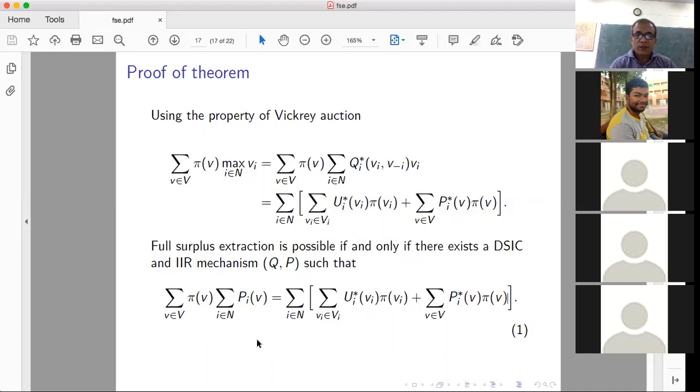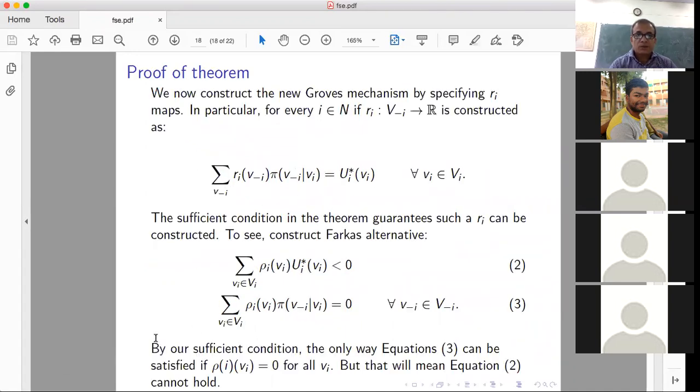So how are we doing that? We now construct this new Groves mechanism by specifying R_i in this way. The R_i's are chosen such that the sum of the expected R_i(v_-i) is like the expected participation fee of type v_i.